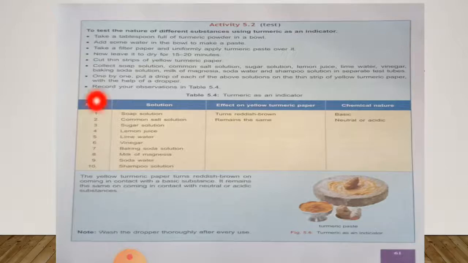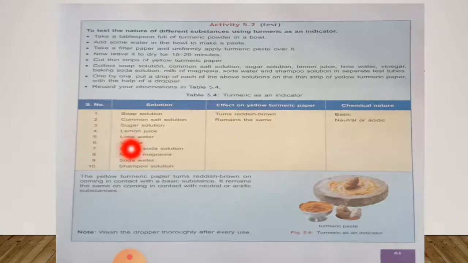Now the third, sugar solution. Sugar solution is also a neutral solution, so yellow turmeric paper remains the same. Now the fourth, lemon juice is acidic in nature, so yellow turmeric paper remains yellow. Now the fifth, lime water.